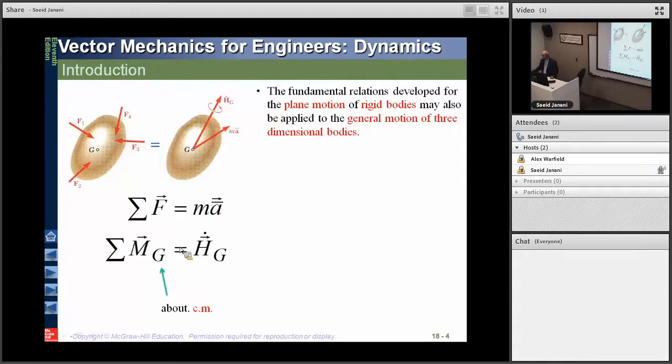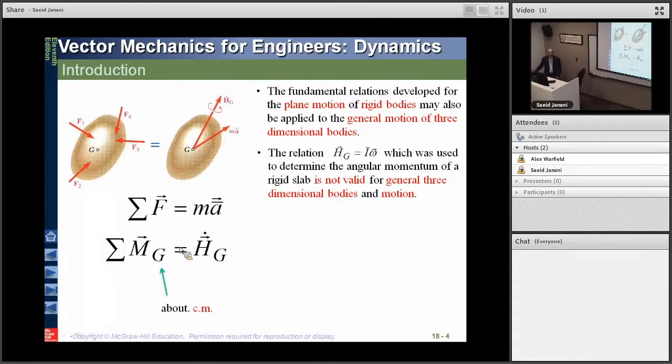F equals MA. On the left-hand side are the forces, and the right-hand side is related to kinematics, which is angular momentum, H of G, H about point G. So the rate of change of angular momentum, which is H dot, is torque.